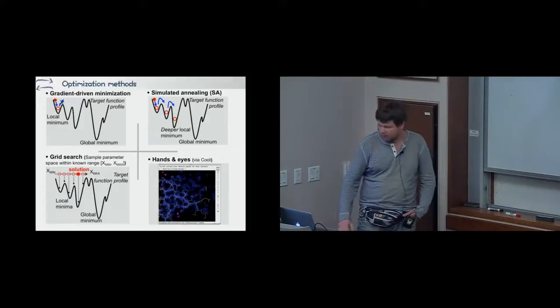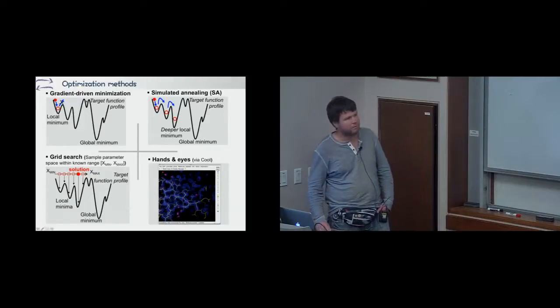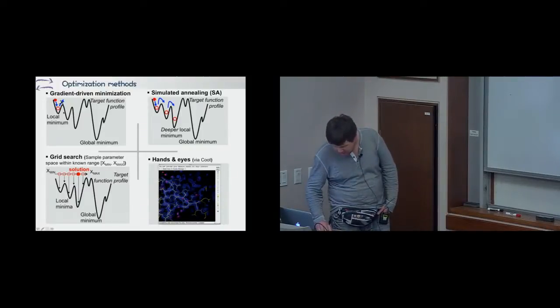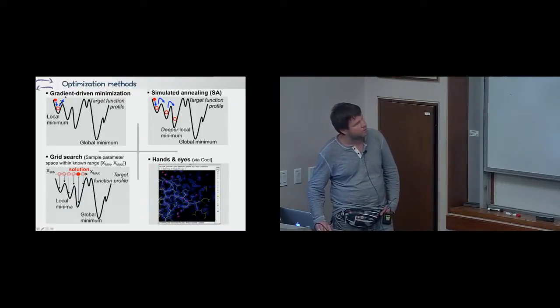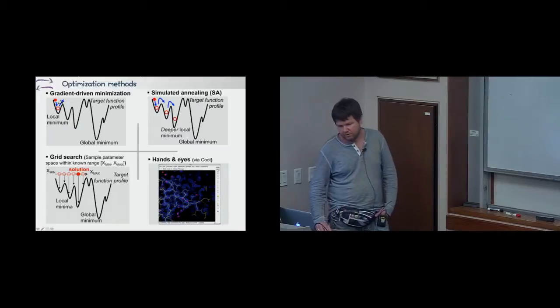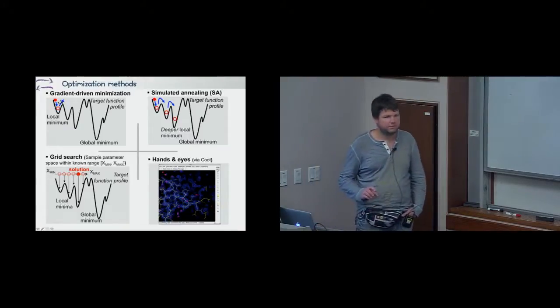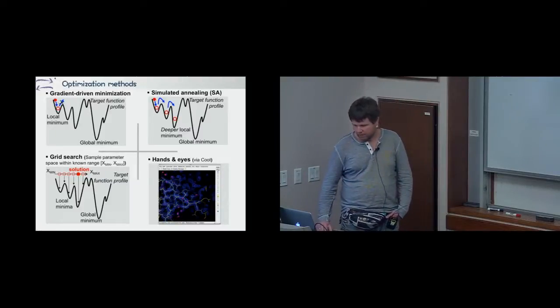Most of the time we use gradient-driven minimization. Again, very schematically, we have a target function profile. This is our starting model here. Gradient-driven minimization is local minimization, and it really cannot escape energetic barriers.